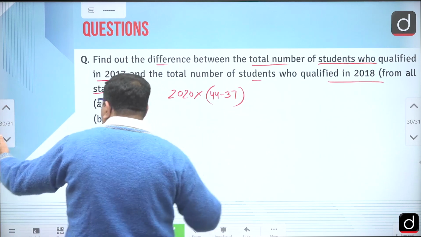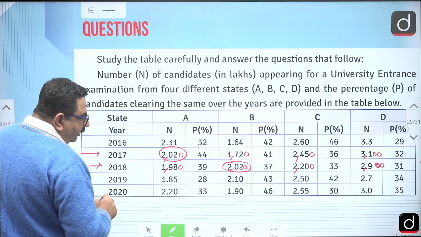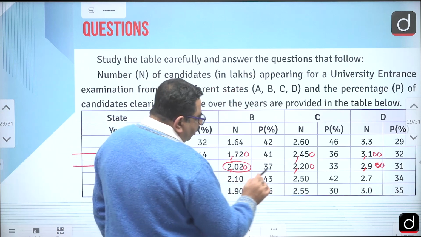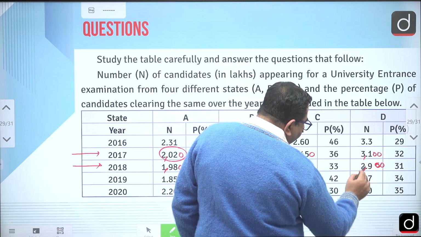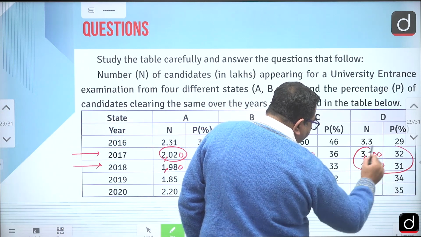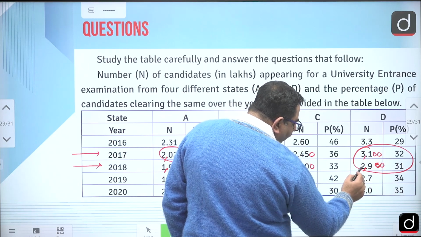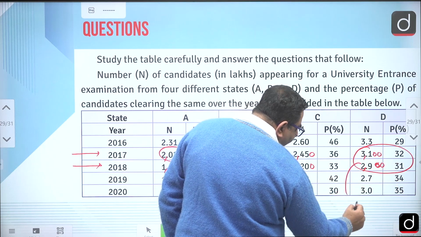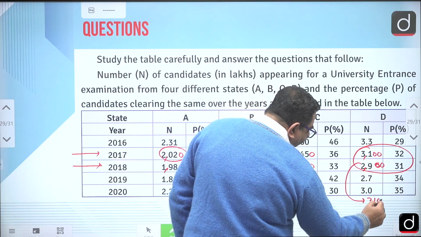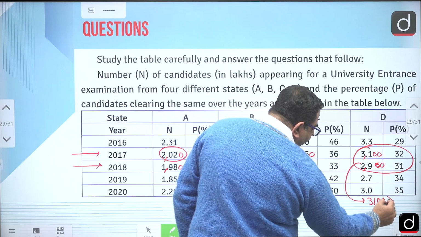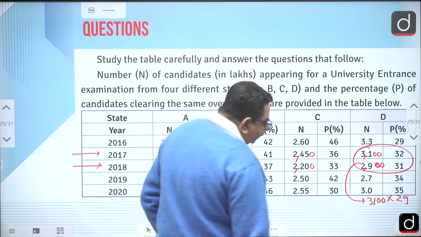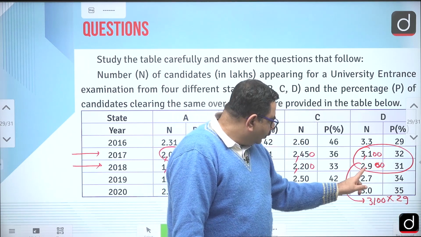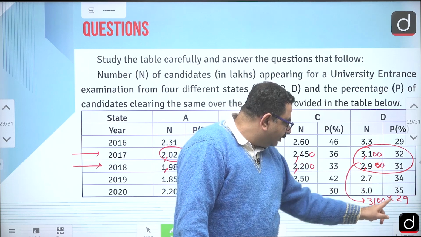Okay, and can we find some more data like this? Now again, if you see these two numbers, right, this is 3100 into 32, 2900 into 31, right. So can I interchange this and I can write it as 3100 into 29? Can I say 2900 into 31 or 3100 into 29?